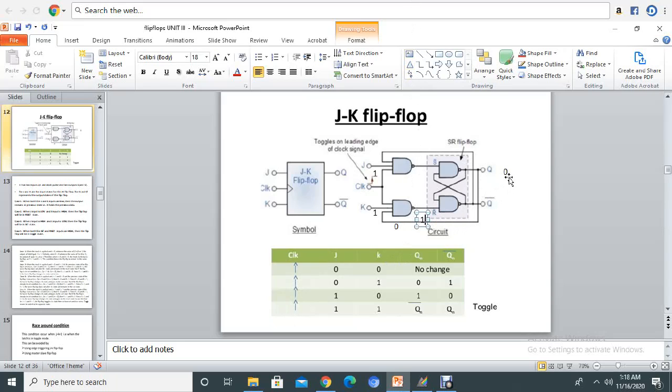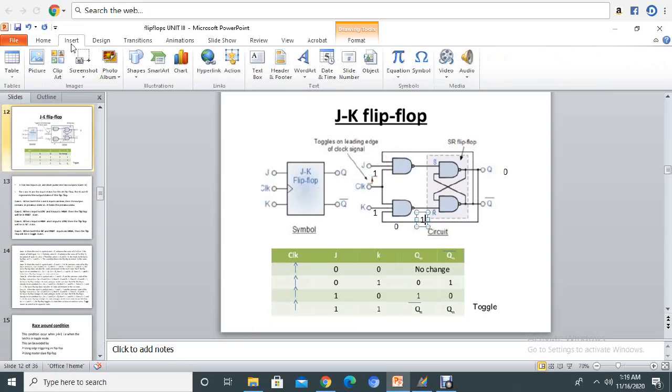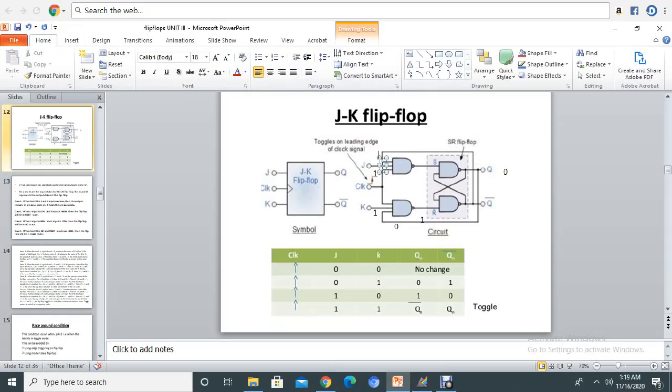Next, Q is equal to 0 means Q bar is 1. So now this 1 is applied to this NAND gate. Here all are high, so the output will be 0.